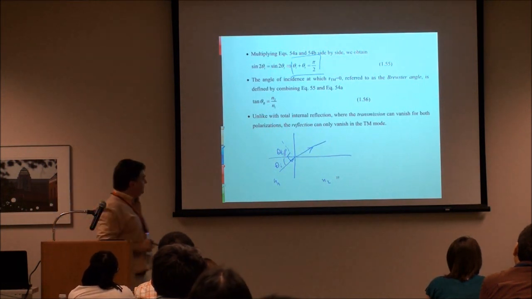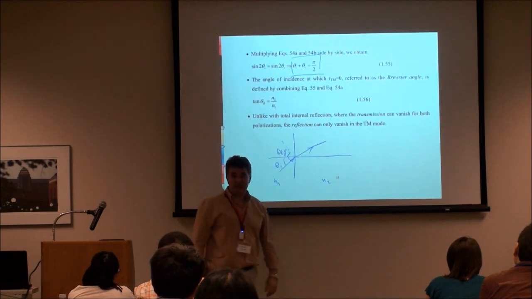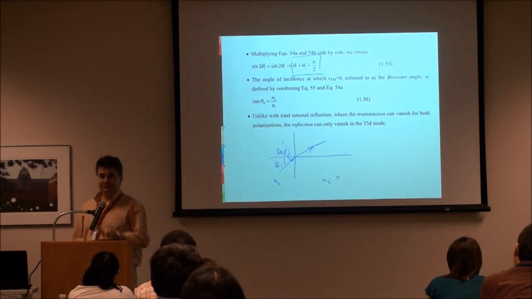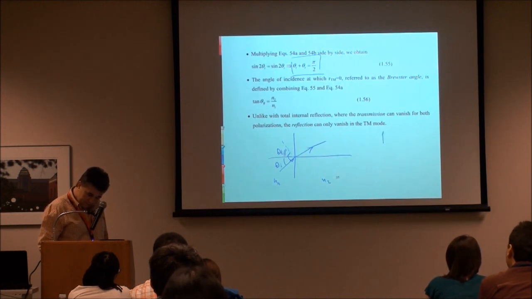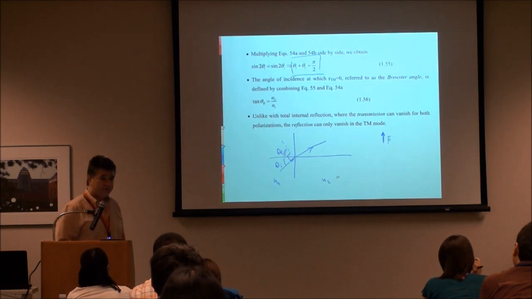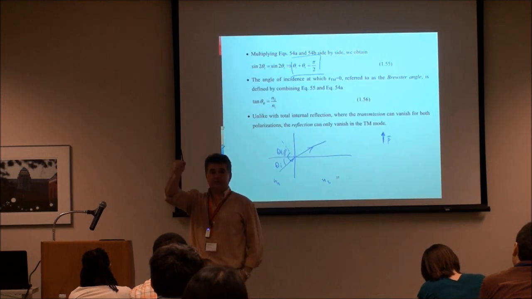Let me give you a physical picture of why this happens. Do you have a good feeling why this happens exactly when they are perpendicular? Do you know how the dipole radiates? If this is an induced dipole, how does this radiate?